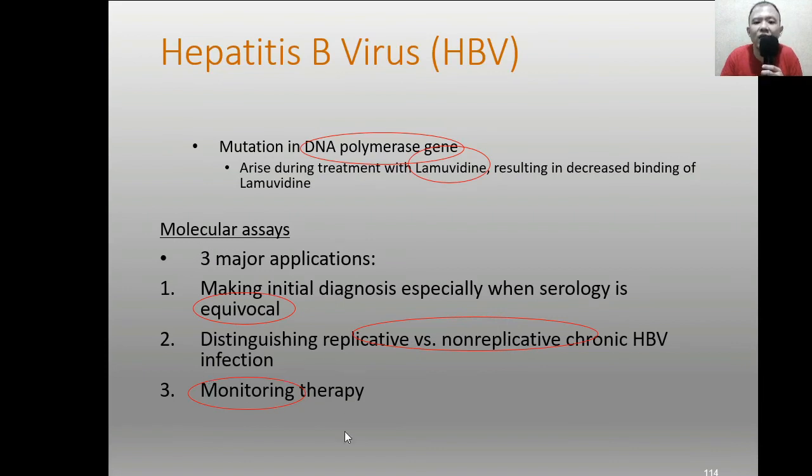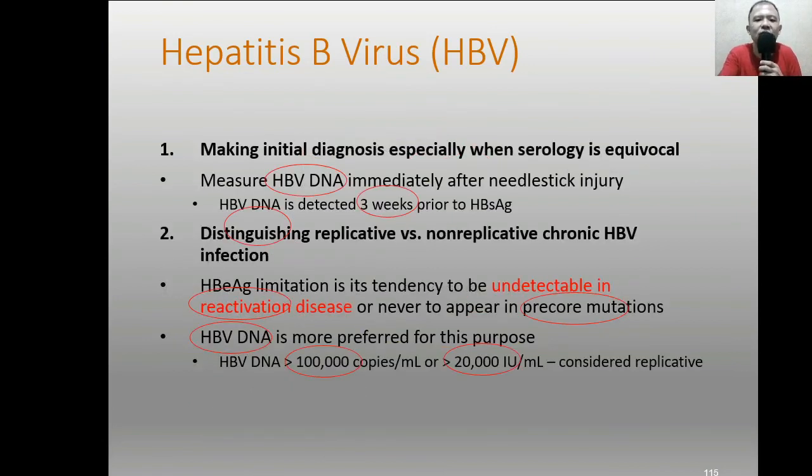So if you can afford, by all means order the DNA itself, HBV DNA. When it's equivocal, check for the DNA, and it's detected 3 weeks ahead of the HBs, distinguishing replicative versus non-replicative.